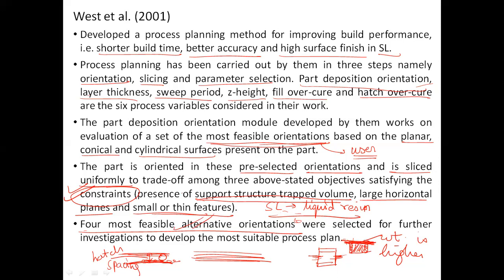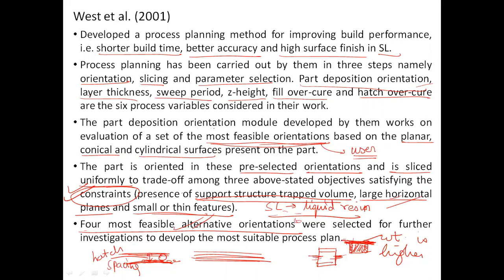But this also created a lot of problems. This algorithm also creates a lot of problems, because sometimes it is not possible to eliminate support structure trapped volume and large horizontal surfaces at all. And this creates a lot of problems during the trade-offs.